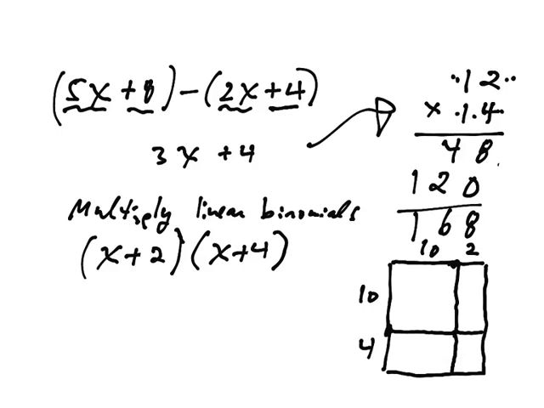And the area can be broken up into 4 things. This is a 10 by 10 square, which is 100. On the right here, we have a 2 by 10 rectangle, which is 20. On the bottom left, I have a 10 by 4 rectangle, which is 40. And on the bottom right, I have this small 2 by 4 rectangle. And those 4 things add up to 168.